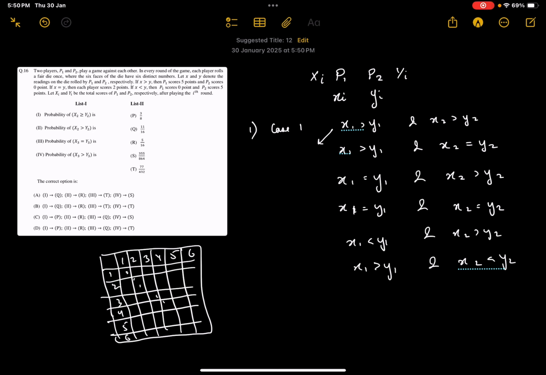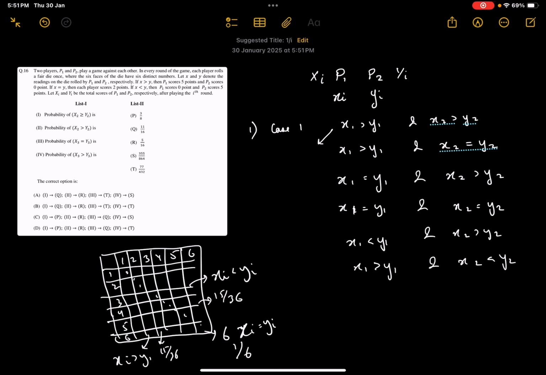These are the 6 diagonals. In these 6 cases we have xi equal to yi, and on one side xi less than yi, on the other xi greater than yi. So that becomes 15 by 36. The probability of xi greater than yi is 15 by 36, the probability of xi less than yi is 15 by 36, and both being equal is 1 by 6, that is 6 by 36.